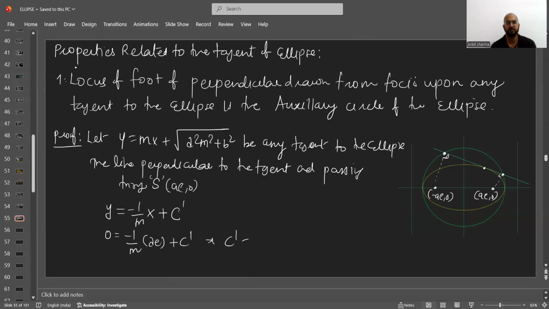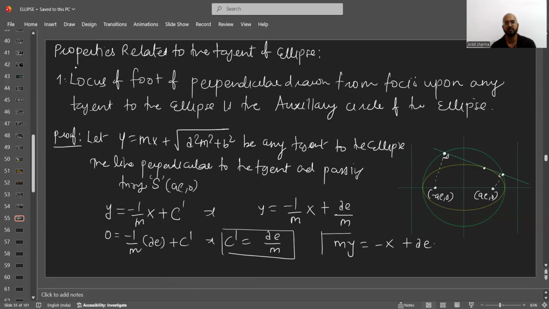That means c dash would be ae over m. So this line is y = -(1/m) x + ae/m, that is, my = -x + ae.